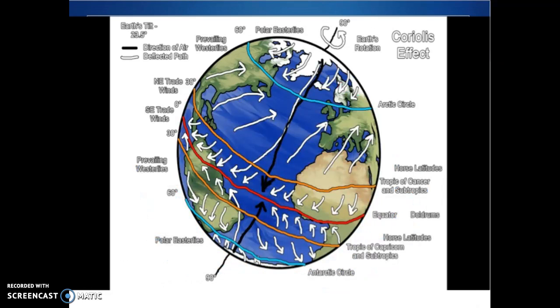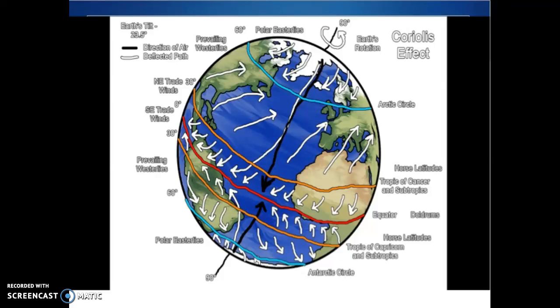Now here is one of my last slides. This is showing the Coriolis effect and how the Earth's tilt affects the way the wind moves and the direction of the wind. And you can see where that slant is in the Earth.